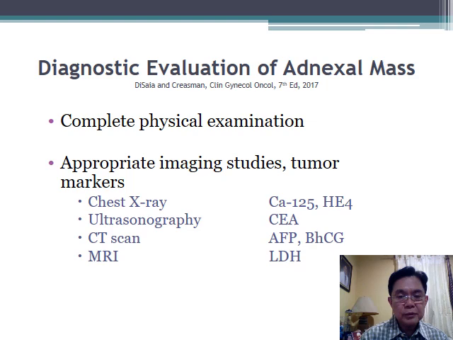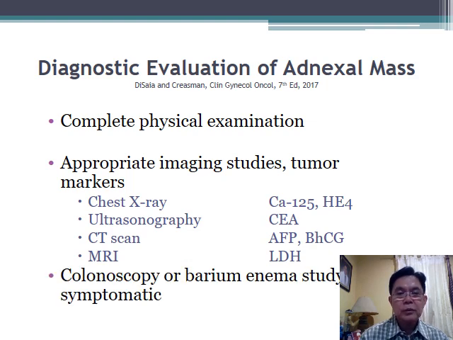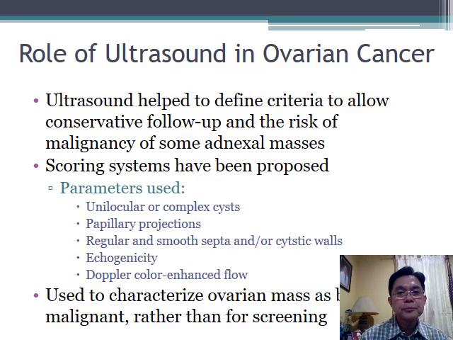And as I mentioned previously, you can request your tumor markers, especially if you are dealing with epithelial ovarian tumor in a postmenopausal woman, but be careful if you are requesting it in a premenopausal woman. Colonoscopy or barium enema study are not that commonly requested anymore because of the presence of CT scan and MRI, which will give you more information than colonoscopy and barium enema.